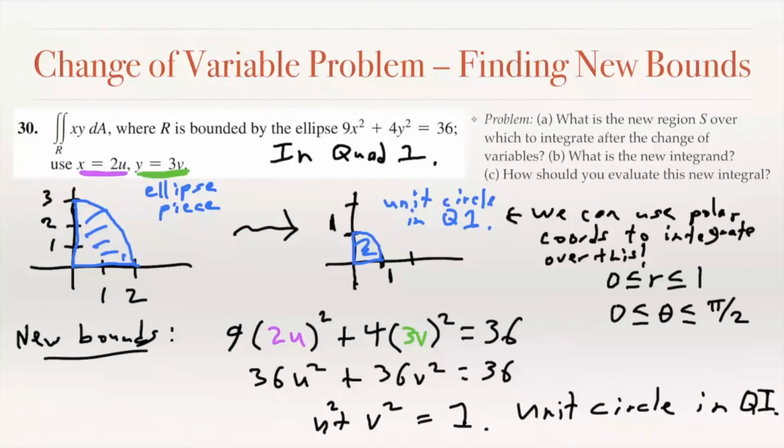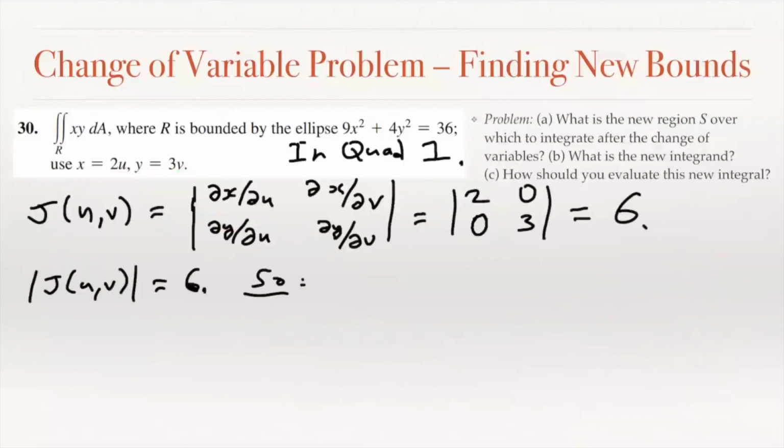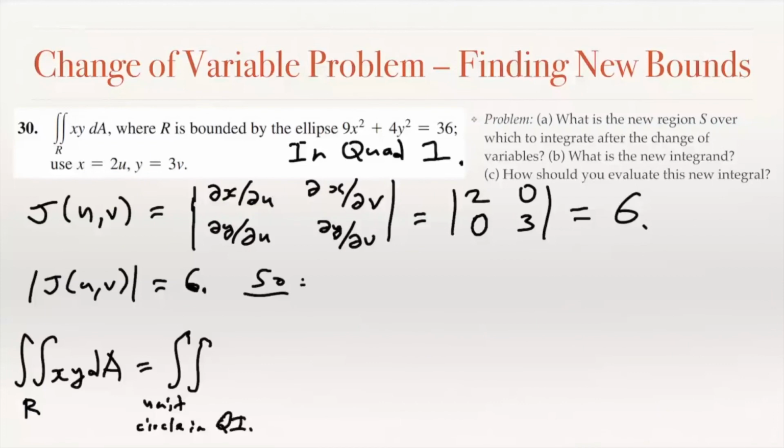Okay, so now we have our new bounds in polar, and that's how we want to integrate this. So our desired integral is the integral over the unit circle in quadrant 1 of, okay, x is 2u and y is 3v. That's our x times y from over here. And our Jacobian is 6.